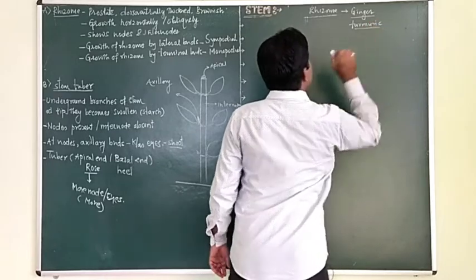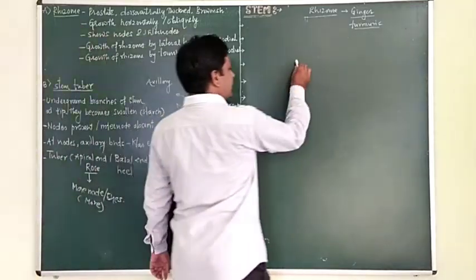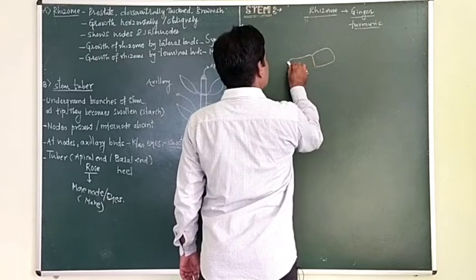Both plants show an underground stem, which we can draw as a diagram.